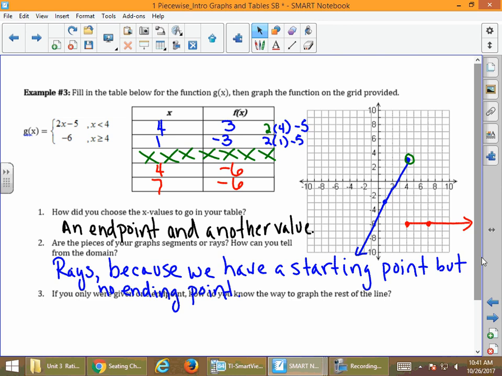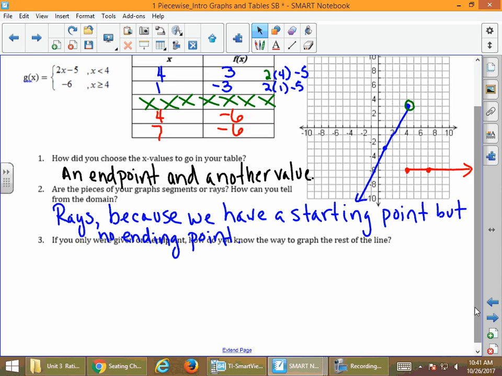Down here at the last, if you were only given one endpoint, how do you know the way to graph the rest of the line?